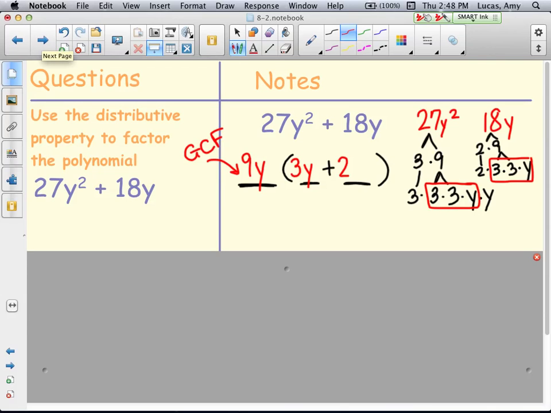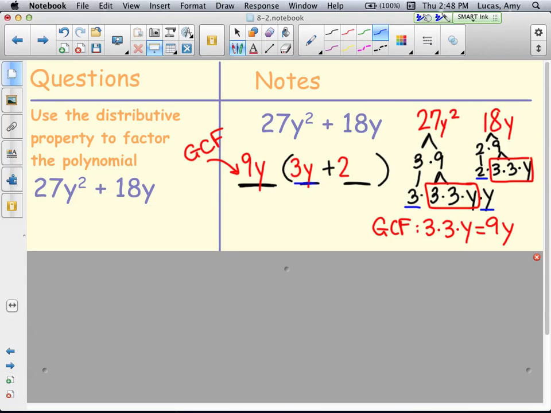So you notice that my GCF is correct. 3 times 3 times y is 9y. So I've got my GCF in front of the parentheses. So that's what you can pull out, the greatest common factor we're dividing out of each term. Now what's left in my parentheses, I have 3y plus 2.